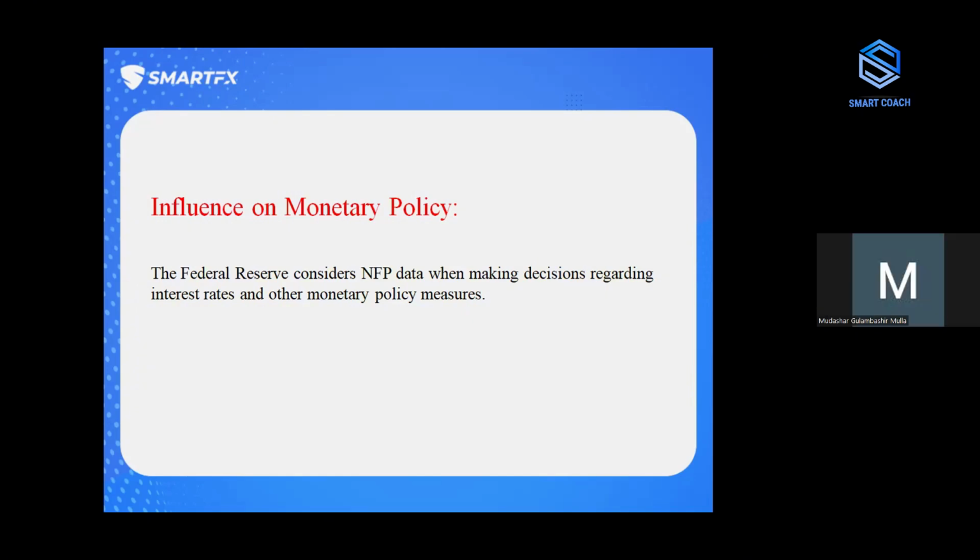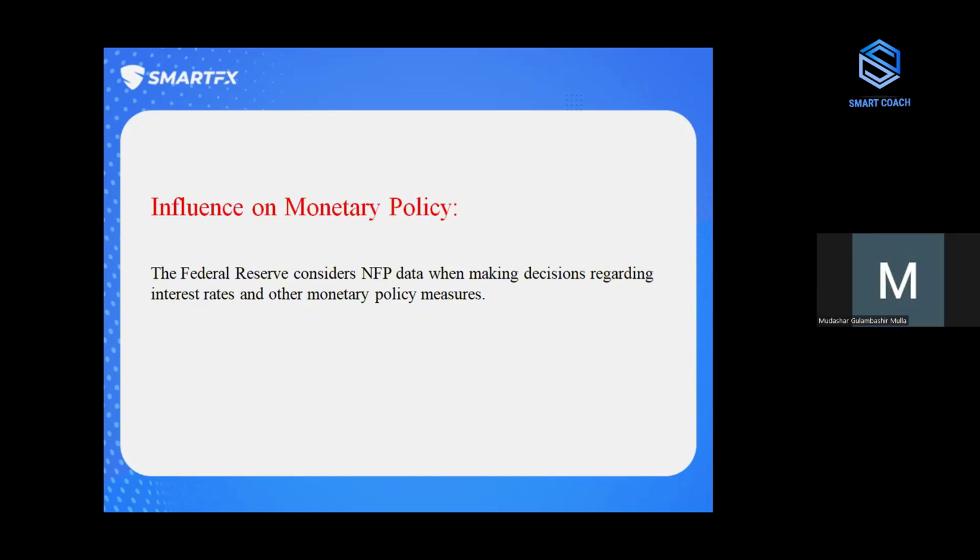So the government's first priority is to achieve price stability and maximum employment. In fact, NFP data has a direct effect on monetary policy decisions.